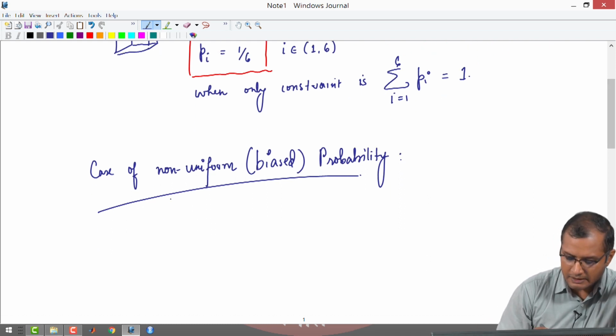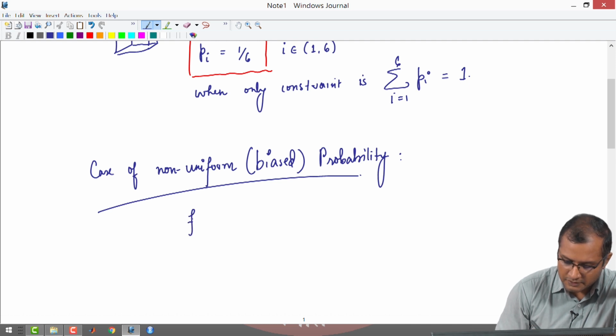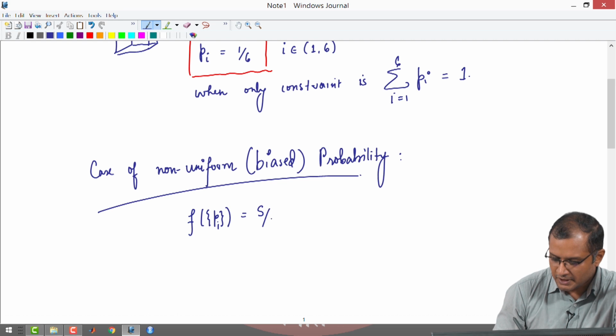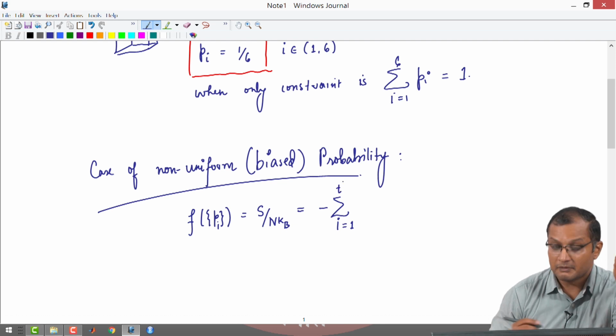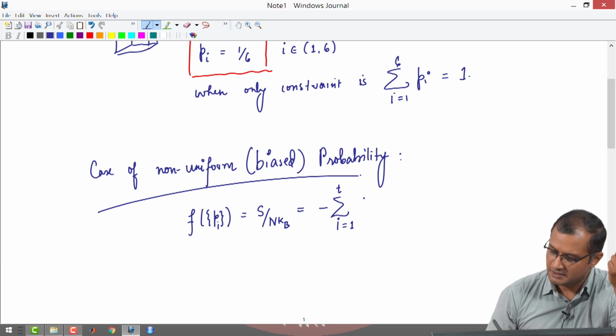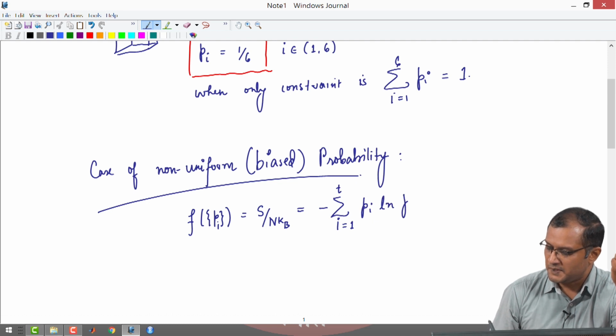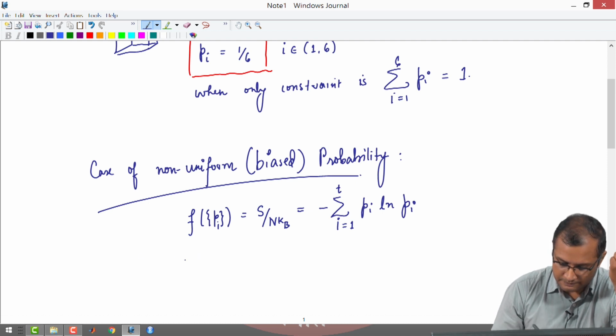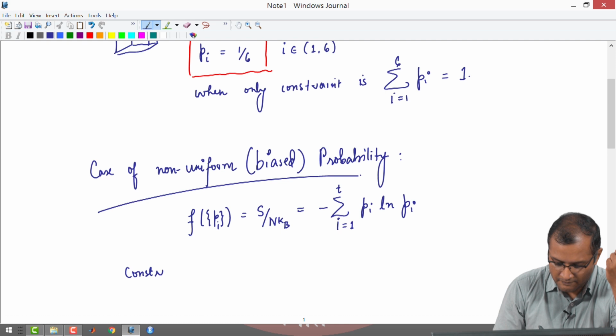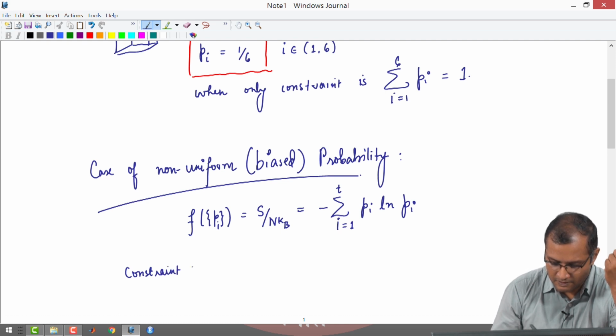This simply means that I have my function of various probabilities as the entropy over NkB, which is given as minus summation i going from 1 to t, I am taking a t-face die again, p_i ln p_i as before, and my constraints.